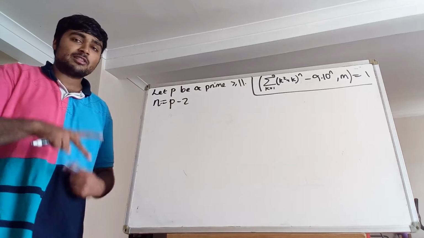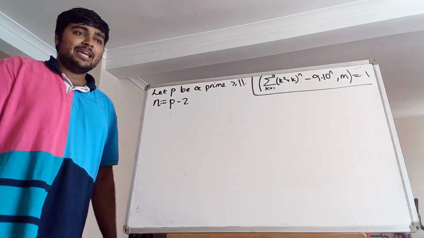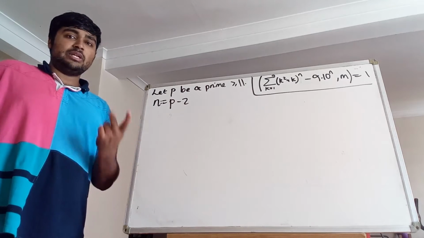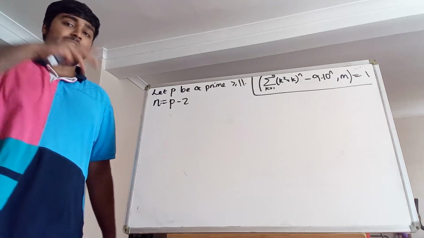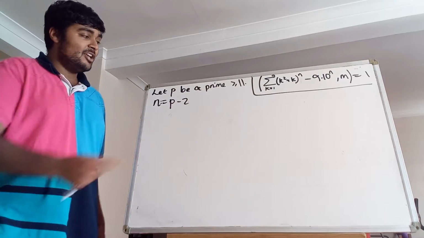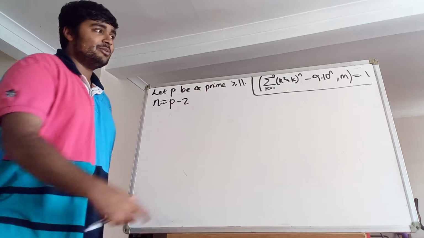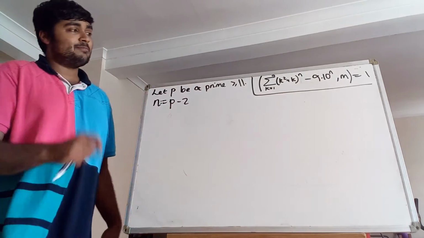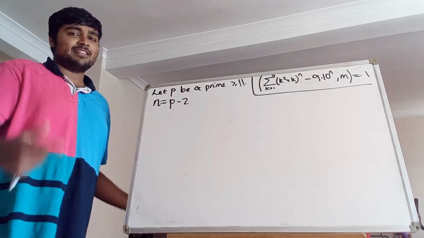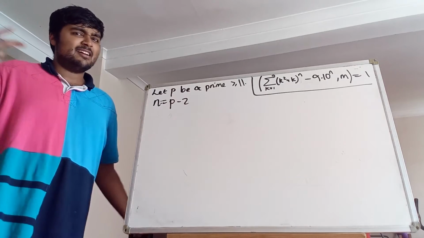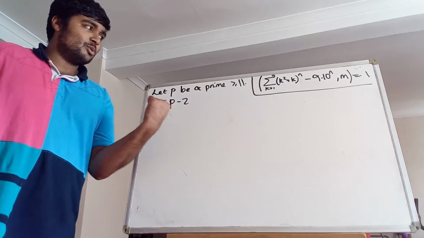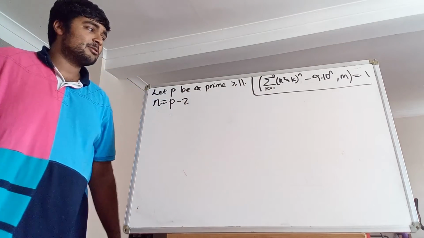So in other words, when we look at the prime decomposition of m, it will only contain the primes 2, 3, 5, or 7. It won't contain any primes bigger than 11, because if it did, we can look at the case n equals p minus 2 and show that this expression would be a multiple of p, and m is a multiple of p, so that means their greatest common divisor will be at least p, and thus not 1. Cool.